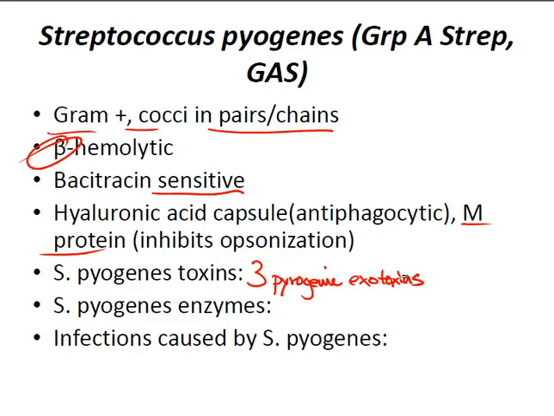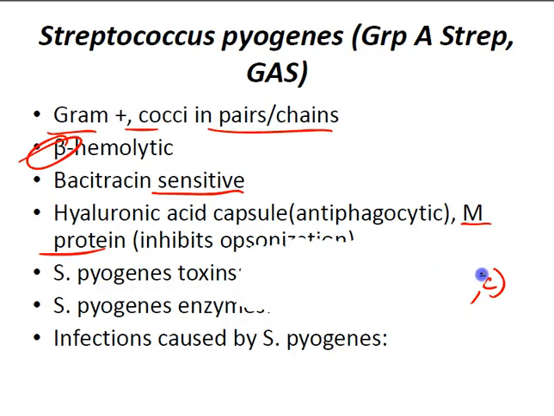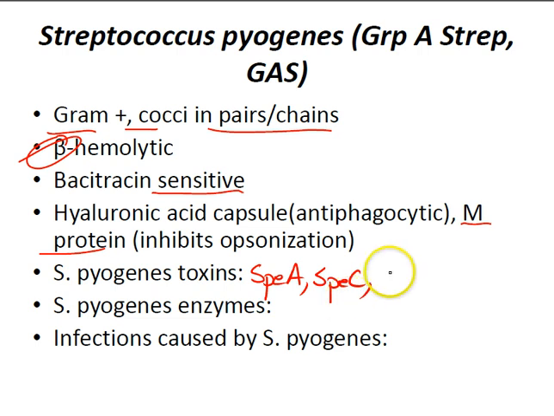They're recognized by types A, B, and C. These toxins are called superantigens. So you've got SPEA, SPEC, and SPEB.